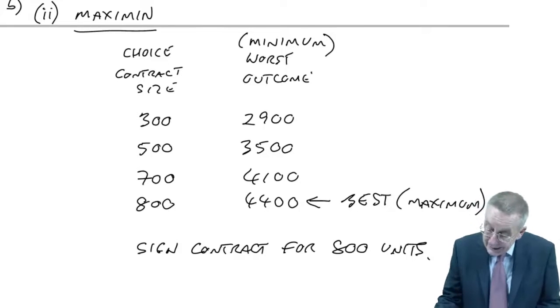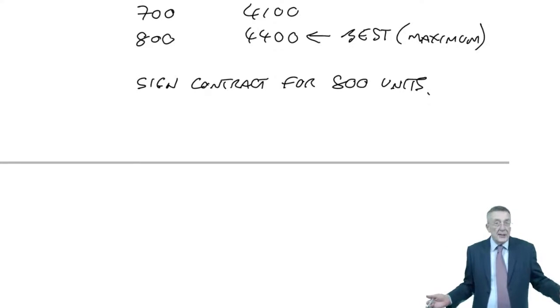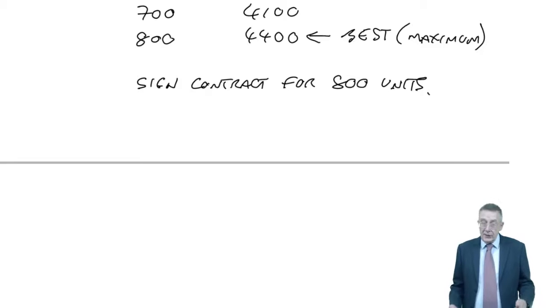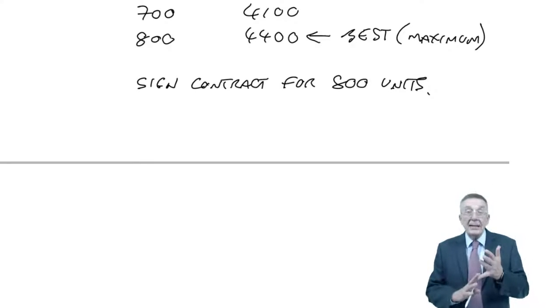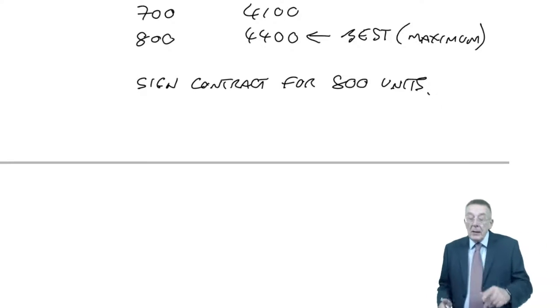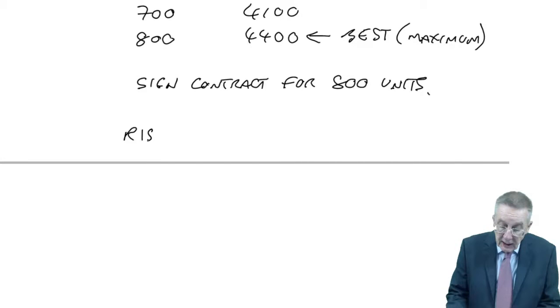Before I leave it, remember I did say earlier there's no best way of making a decision. This is one way you might choose to make the decision, but it does depend in practice on the amount of money involved and the attitude to risk. Well, we say that somebody who uses this approach is a risk avoider.